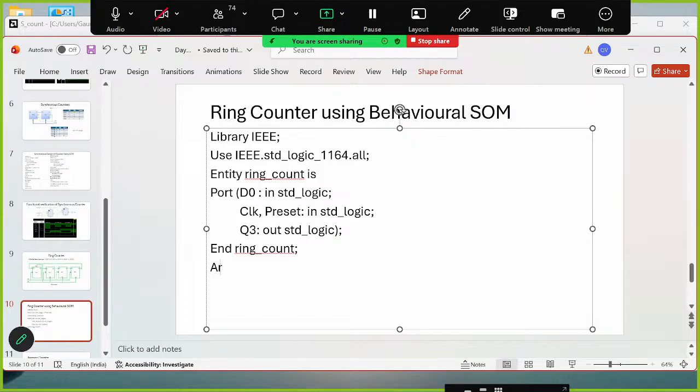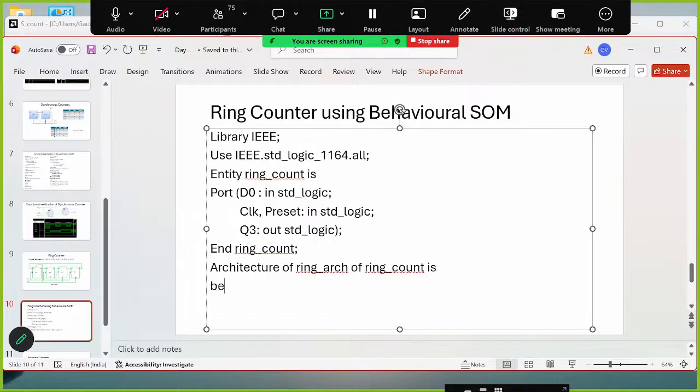Now let us write the architecture. Architecture of ring_arc of ring_count, because the name of the entity is ring_count.